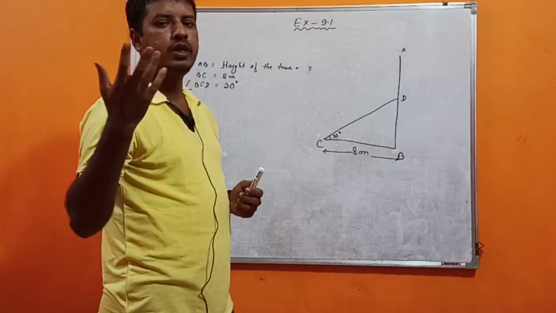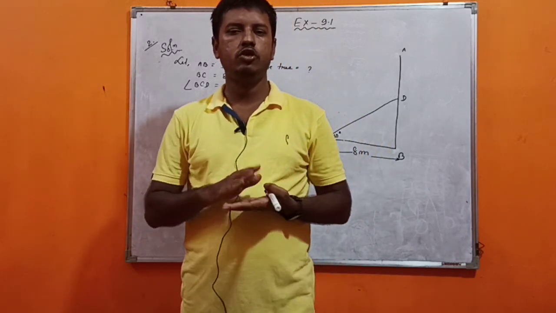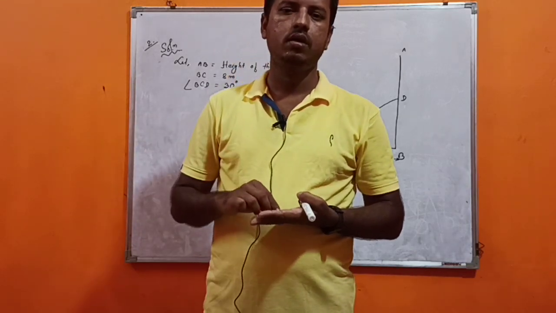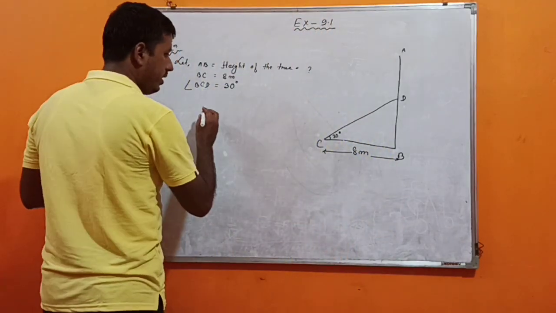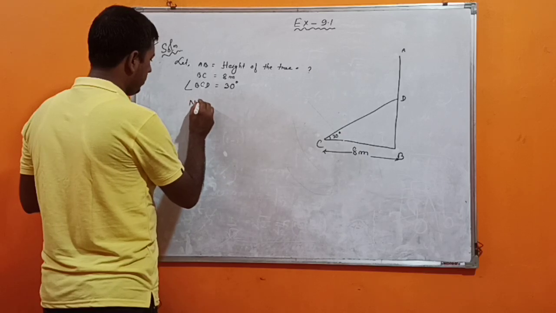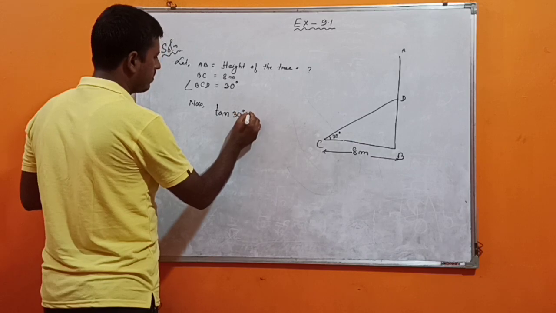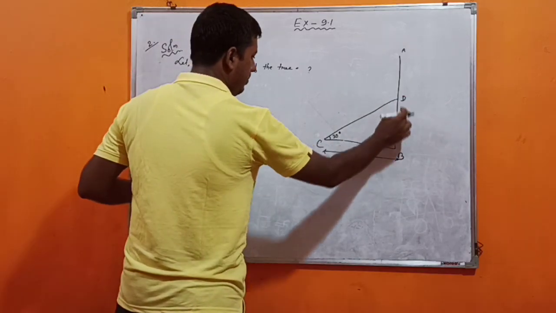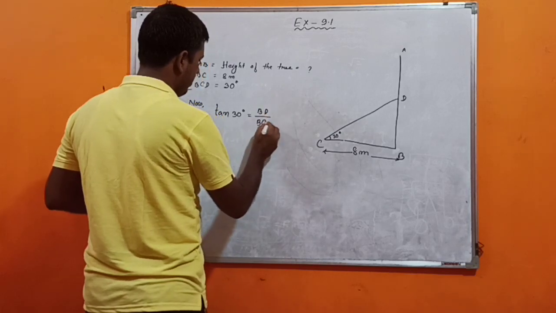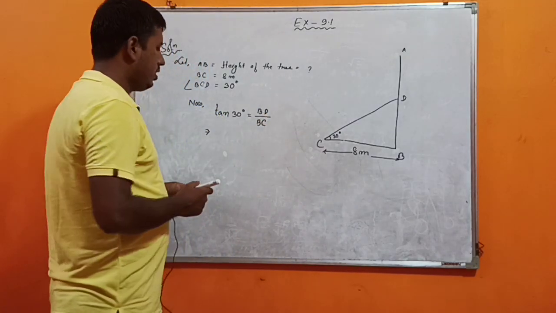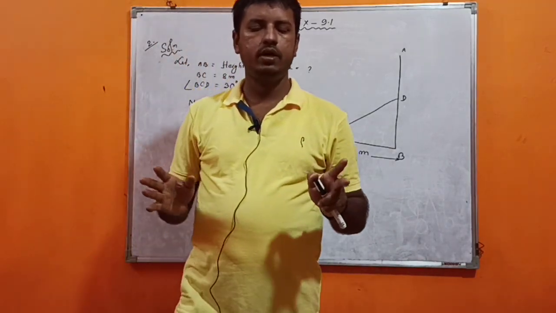So as we all know the trigonometric ratios, when we have to take the ratio of perpendicular and base, then we have to consider either tan or cot. Okay, now tan 30 equal to what? Perpendicular by base, that is BD by BC, and tan 30 I have told you that you have to go through the table given in trigonometry exercise 8.